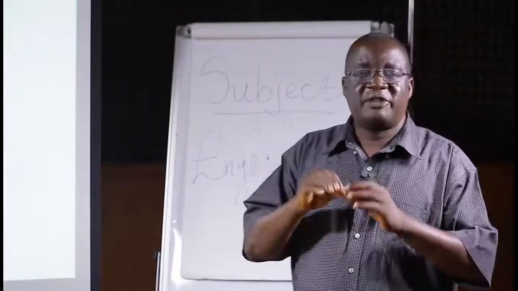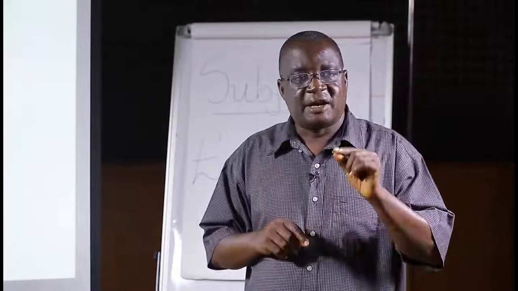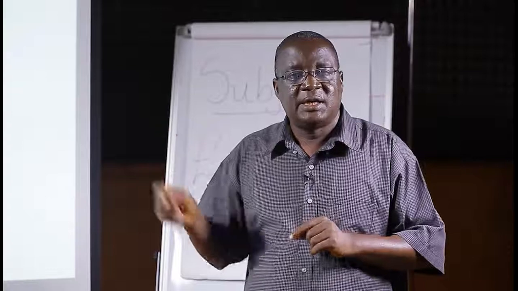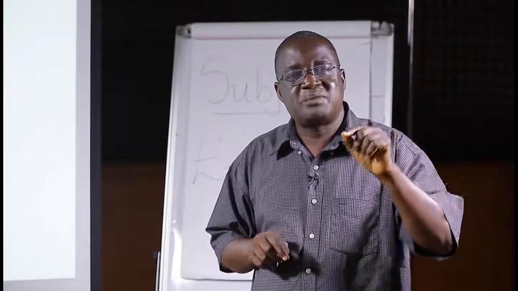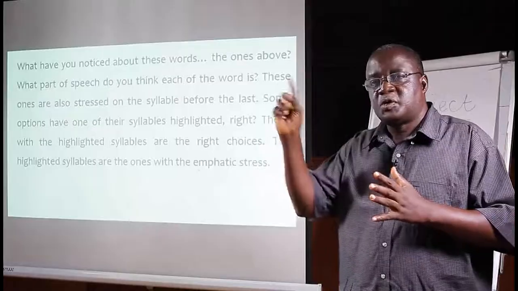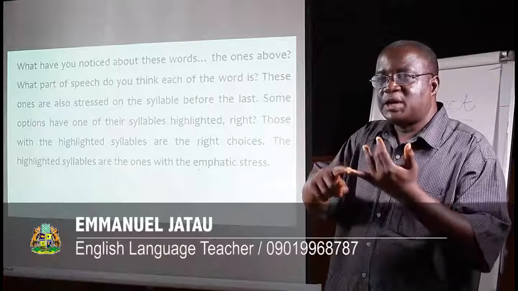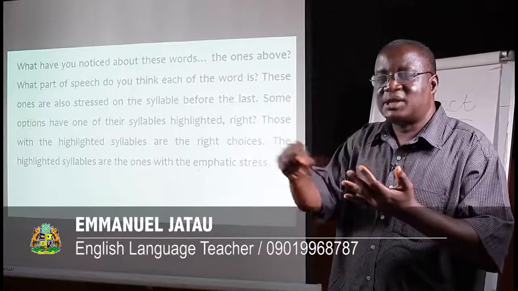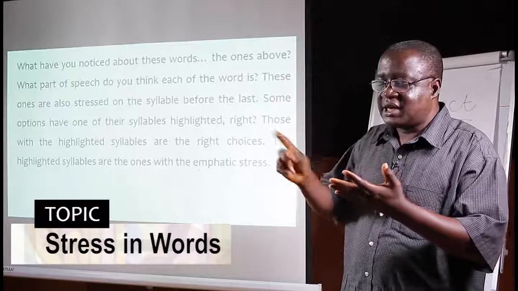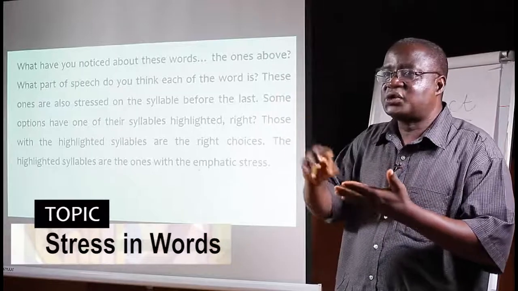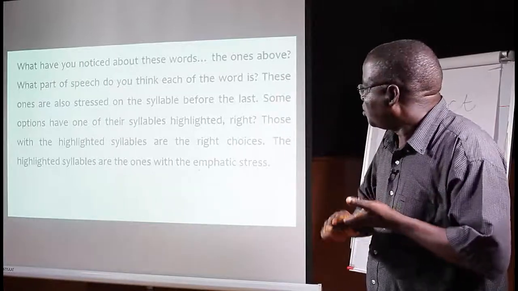We said all of them end with IC, and therefore, because they end with IC, they are also to be stressed on the syllable before the last. What this simply means is that if a word ends with ION, you stress it on the syllable before the last. If it ends with IC, you also stress it on the syllable before the last.